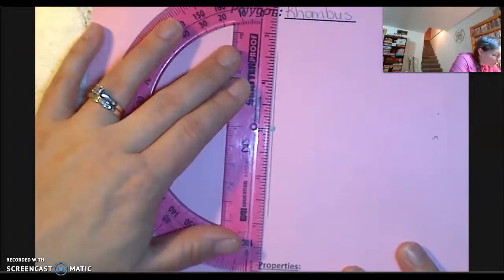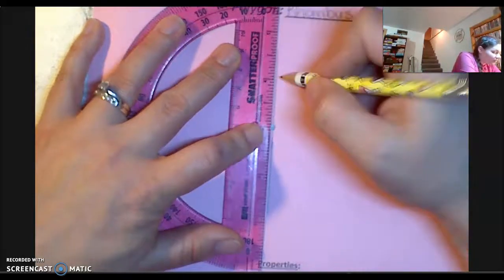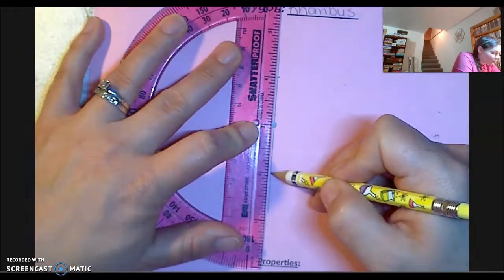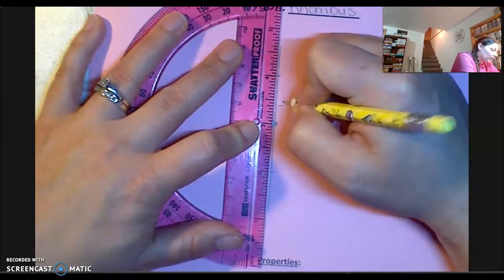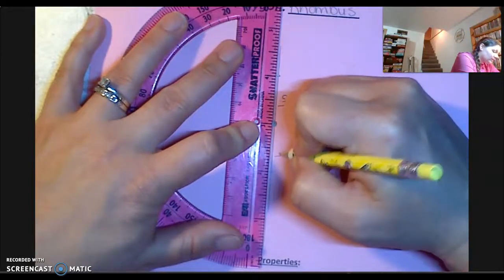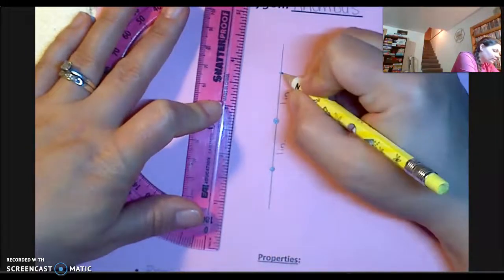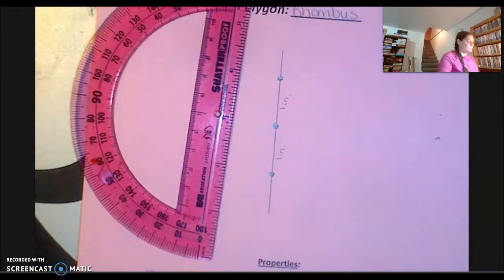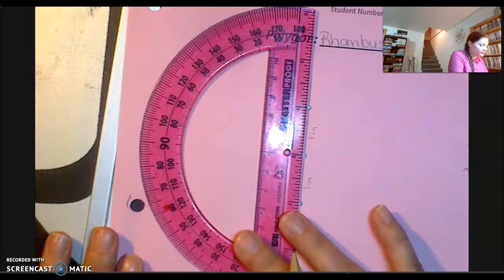And I'm going to take my protractor and count an inch up to 4 and make a mark, and an inch down to 2 and make a mark. So I just made 1-inch segments. I'm going to label that while I work, and put a point where I made those little hash marks. That is the first thing we're going to do.